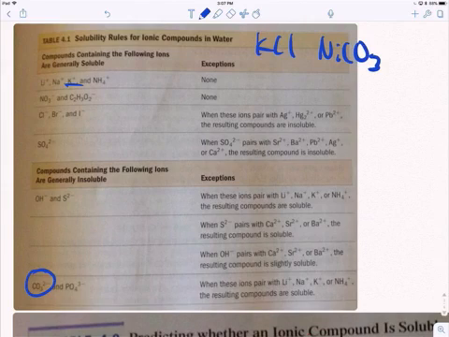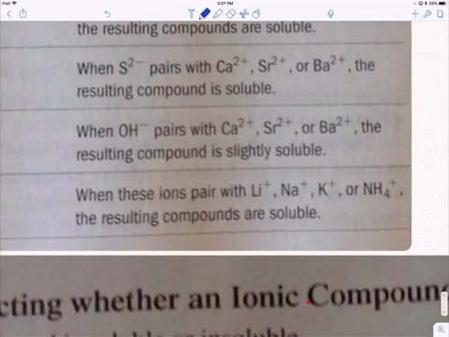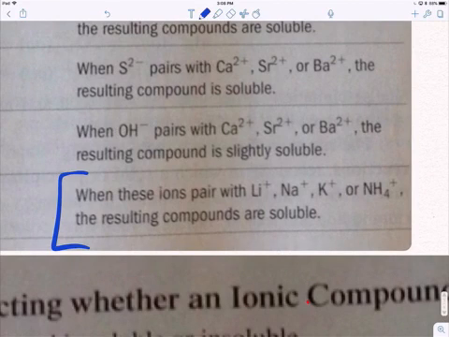Carbonates are insoluble with the exception of, can you guys read that? Okay. So it's insoluble with the exception of the alkalis and ammonium. Nickel is not one of the exceptions, therefore it's insoluble.